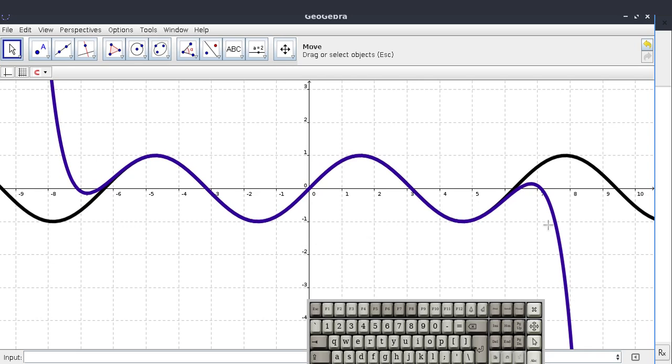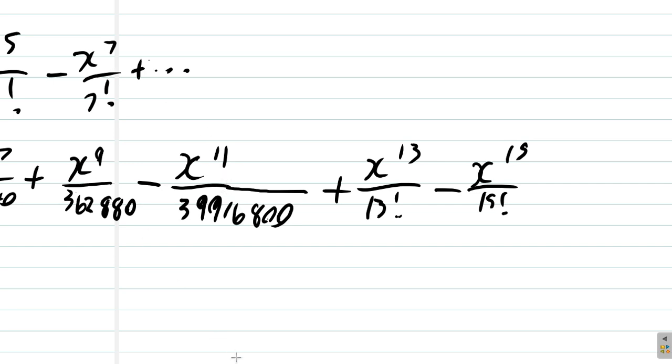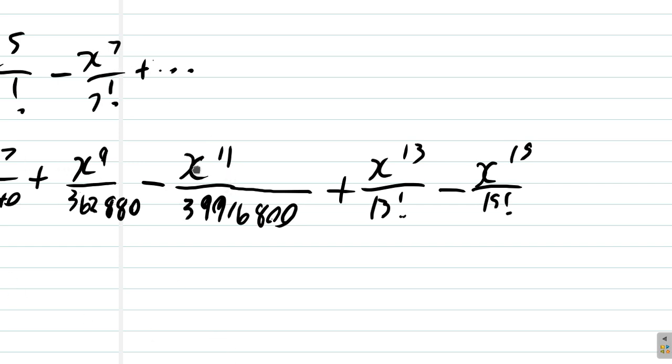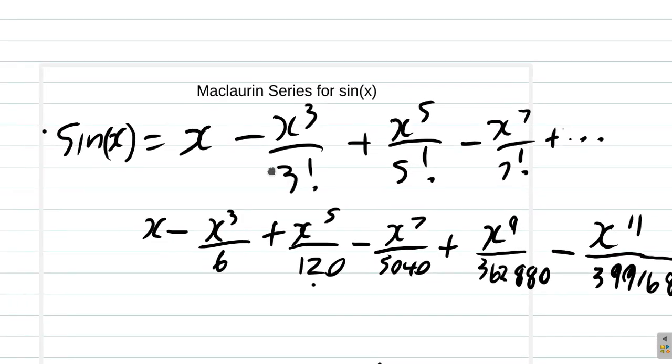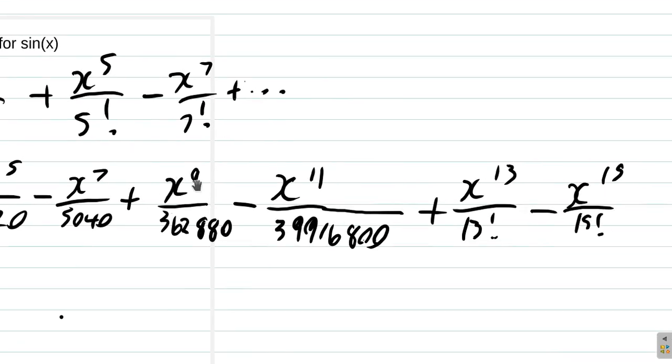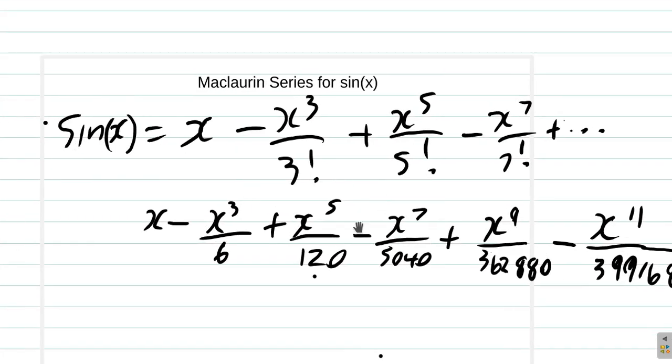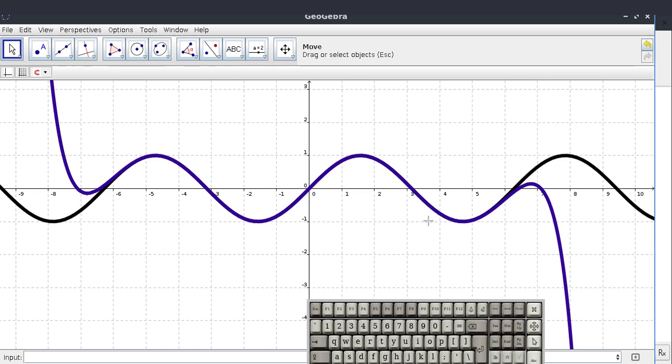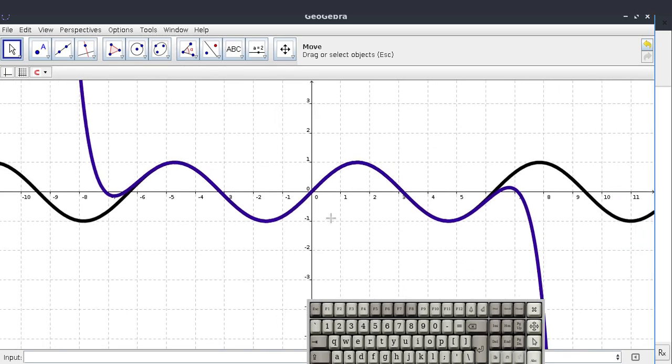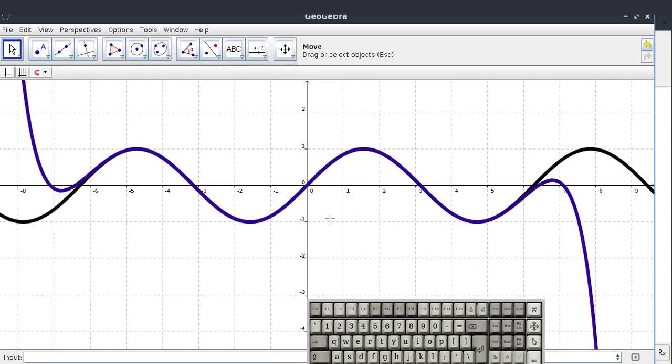So as you can see, as we add more and more terms to it, the power series itself is converging, the graph of the power series is converging onto sine x, increasingly.